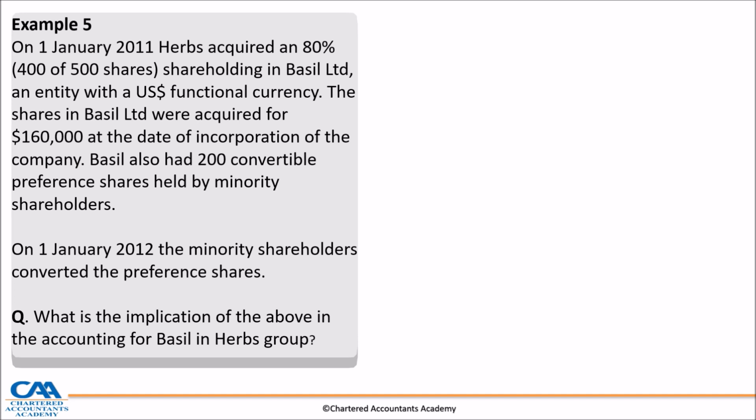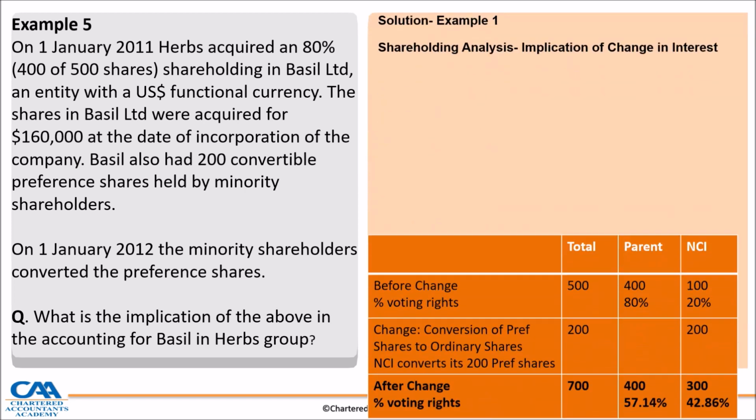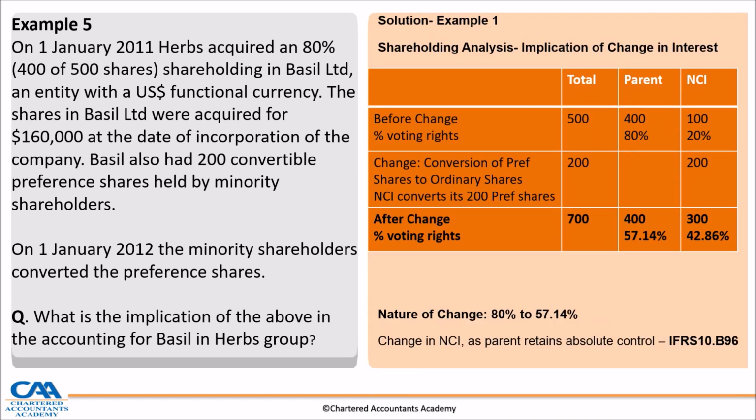So this is a conversion. There is some change here, and the change plays out like this. Before, it was 500 total shares, 400 with the parent and 100 with NCI, which is 80% and 20% for NCI. Then there is conversion of preference shares to ordinary shares. NCI converts 200 shares, which gets us to a total of 700.